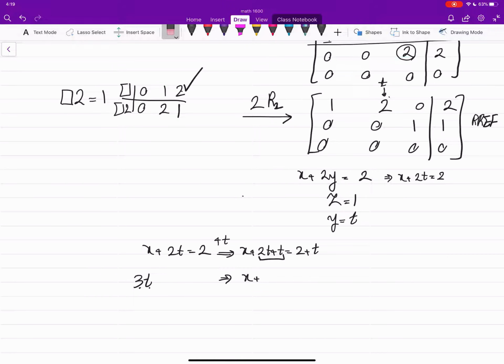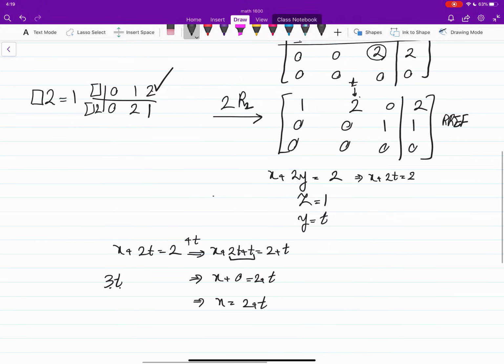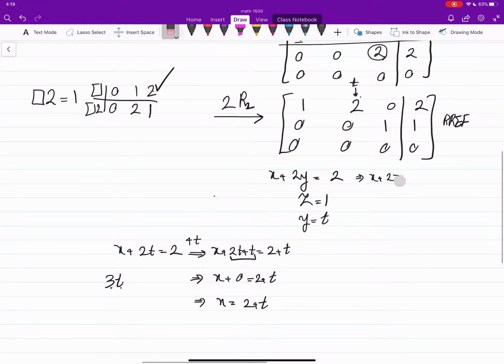So it will be x plus 0 equals 2 plus t, and that's x equals 2 plus t. So in other words, we solved this one. It is 2 plus t.